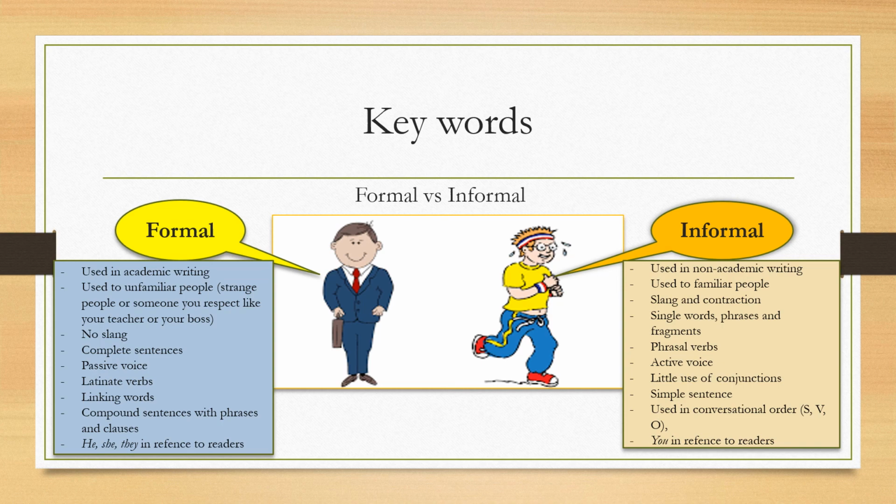We can use simple sentences, and then the informal way, we can use it in conversational order, in which we can use subject, verb, and object, which are like simple sentences. We use you in reference to readers. These are small differences between the formal and informal, either in speech or in writing.